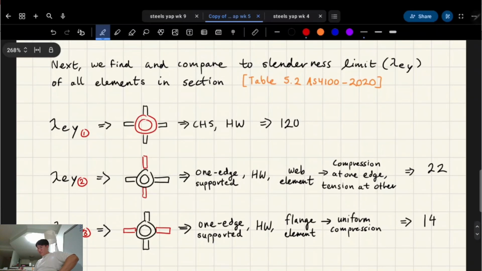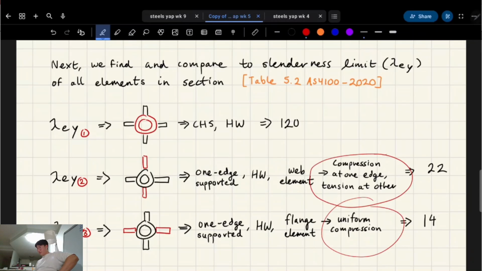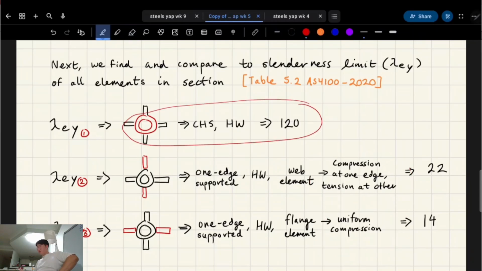For circular hollow sections, they don't discriminate between whether there's compression at one edge or tension at the other, or if it's uniform. You just need to know if it's heavily welded or not, pretty much.